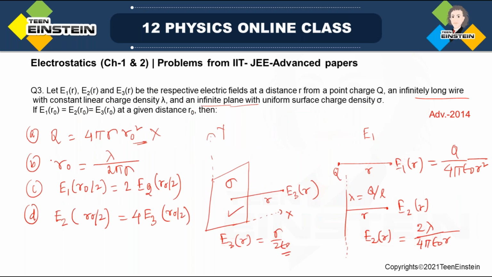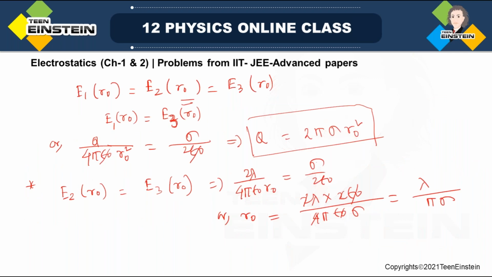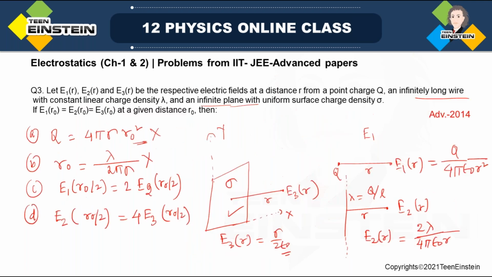R0 we had got as lambda by pi sigma, which is not equal to the given option. That means this given option is not correct.